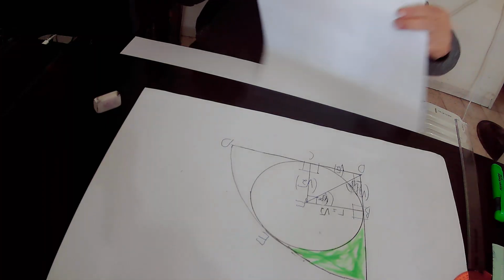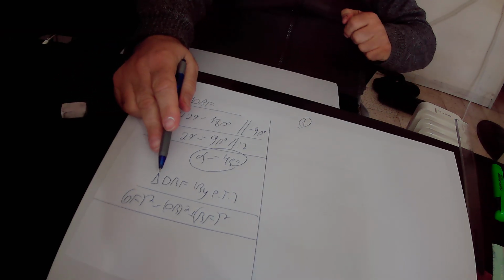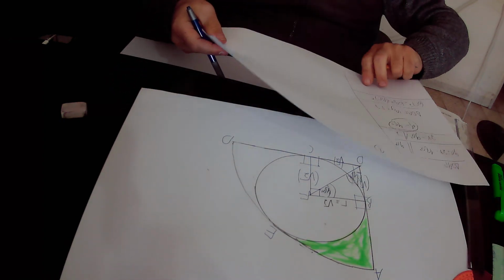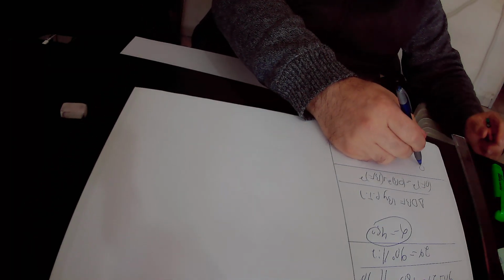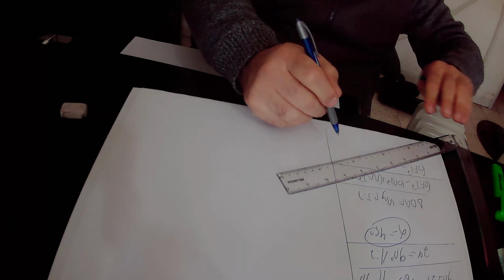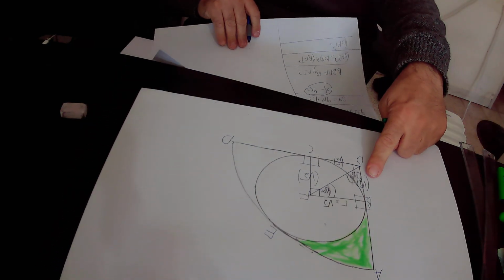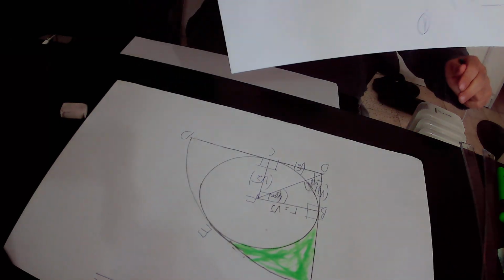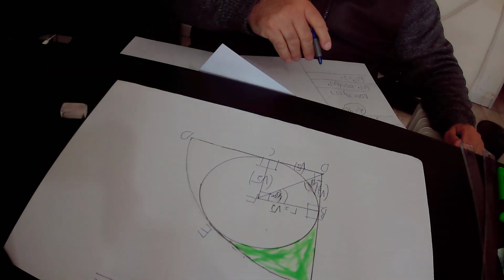Repeat again, in the right triangle OBF, OF square equals OB square plus BF square, so OF square, that is the square of the hypotenuse, equals OB square. OB is square root of 2, therefore OB square is square root of 2 square, that is 2, plus BF square.